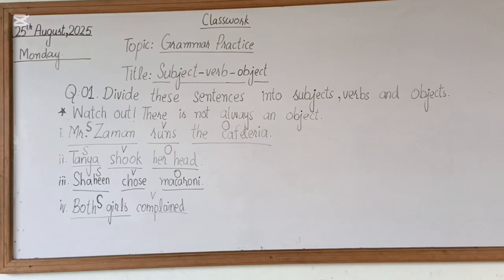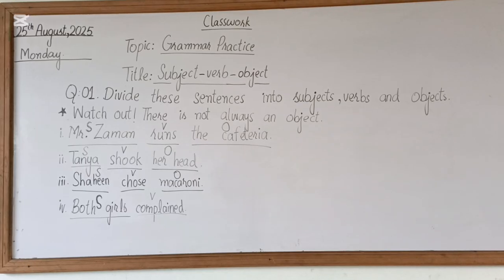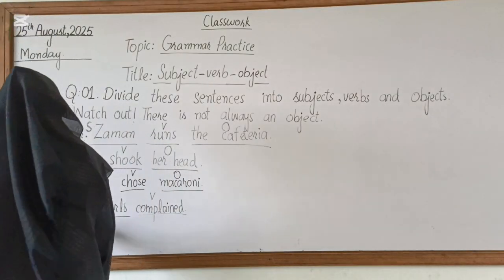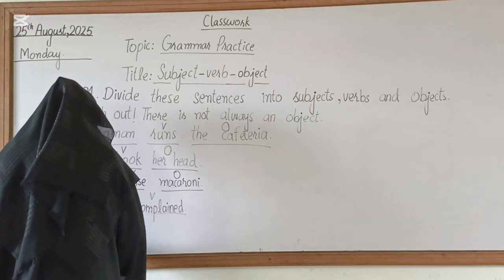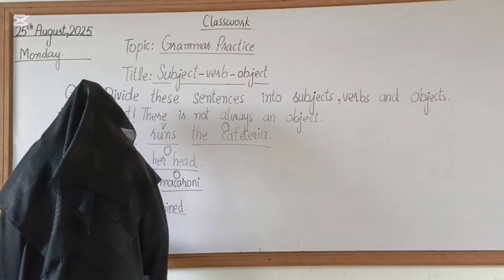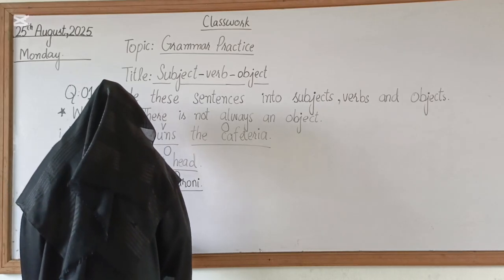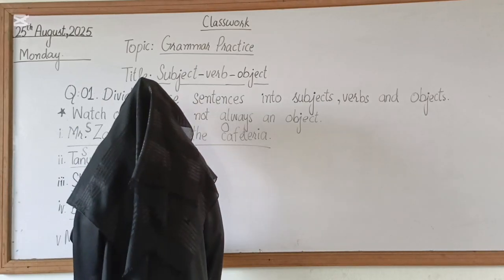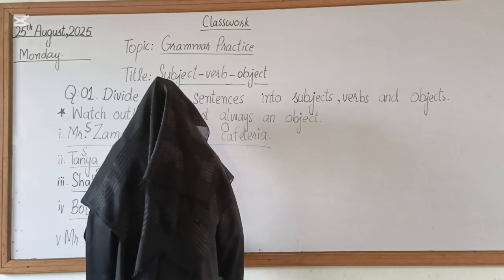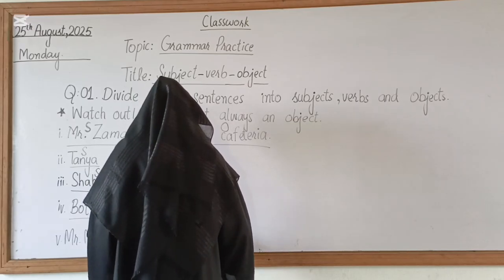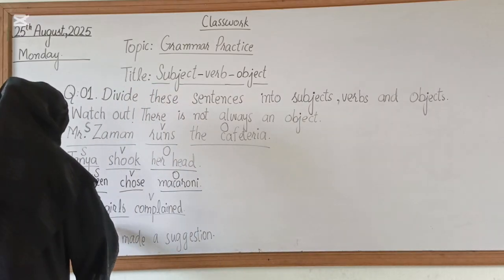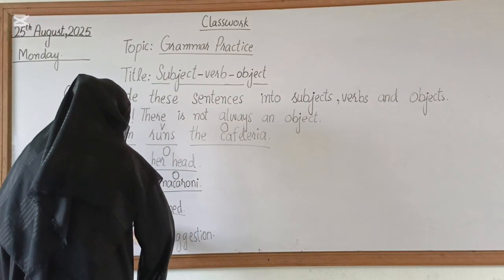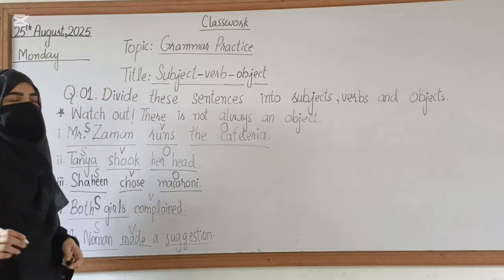Now we will move towards the next sentence, and that is Mr. Noman made a suggestion. So Mr. Noman is the subject, made is a verb, and what Mr. Noman is doing, Mr. Noman is giving a suggestion.